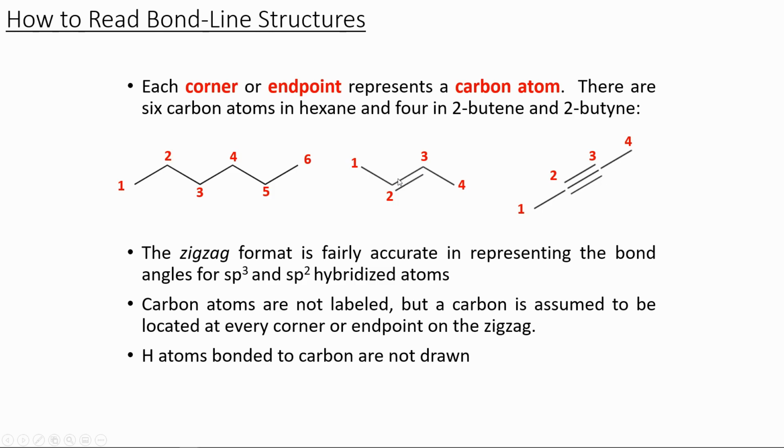One of the useful aspects of the zigzag format for representing these molecules is that it gives a fairly accurate depiction of the bond angles for the different atoms. So for example, between carbons 4 and 5 and 6, we'll have a bond angle of 109.5 degrees, whereas in 2-butyne, we're going to have an sp hybridized carbon, and that will have a bond angle of 180 degrees.